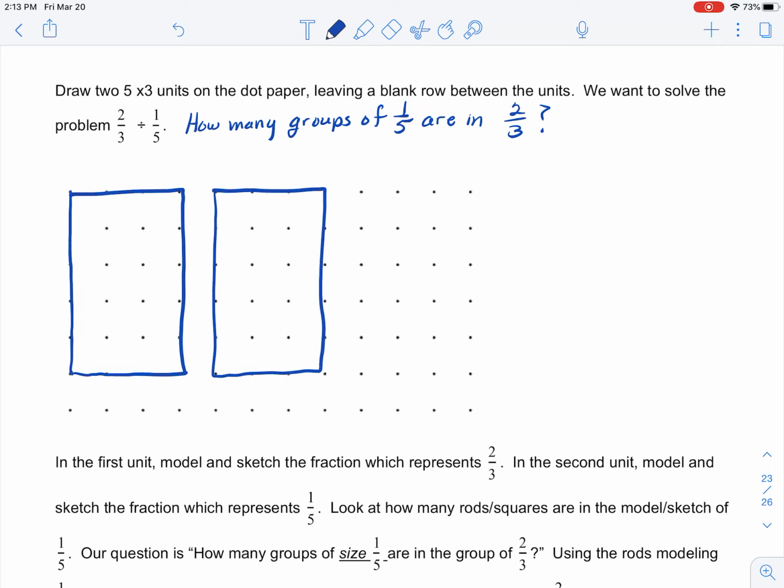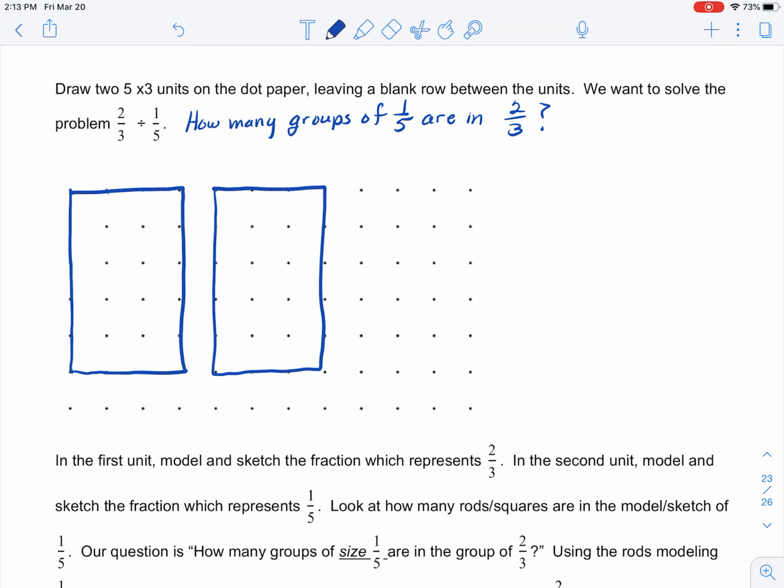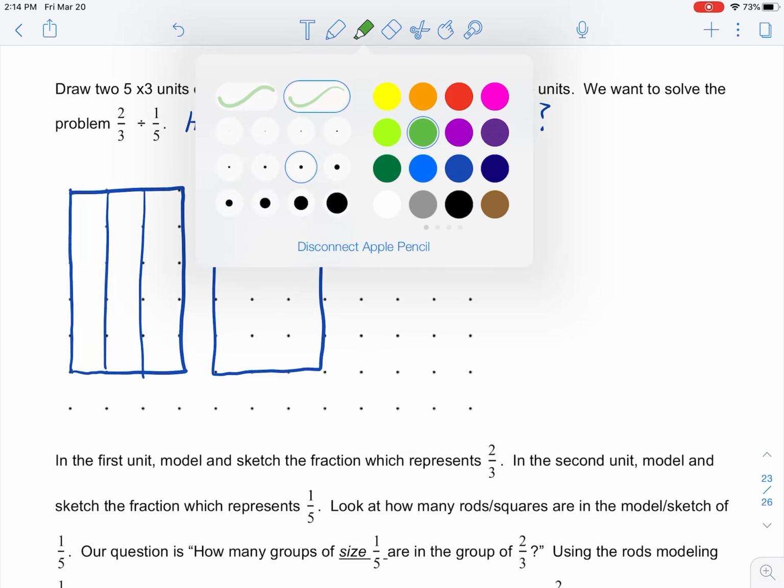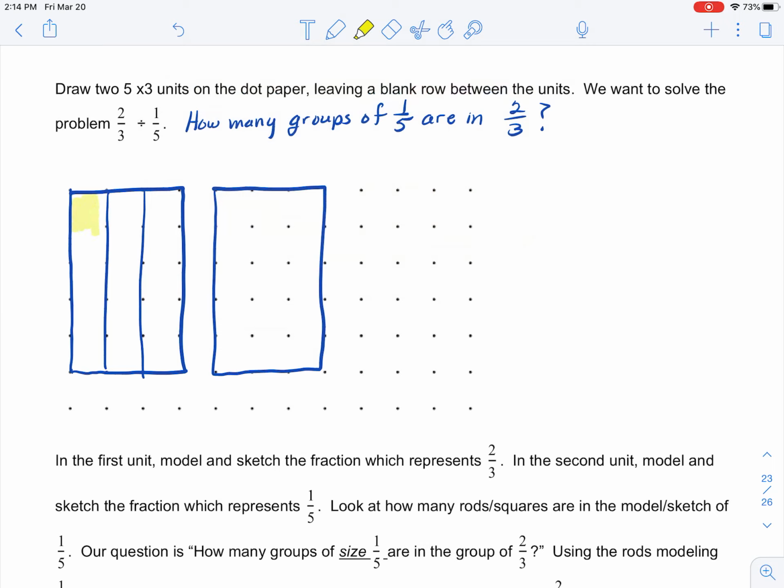Now, in the first unit, I'm just going to model and sketch 2/3. This is just a picture of what I've got. So 2/3. Let's make that a nice light color here. 1/3, 2/3, and then I'll write what I've got there.